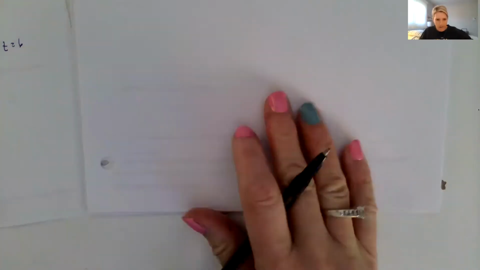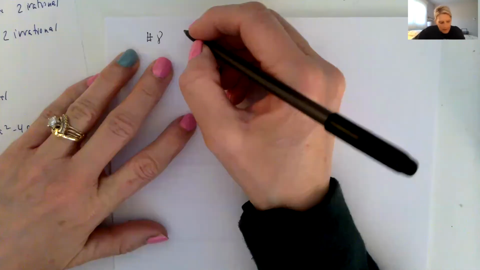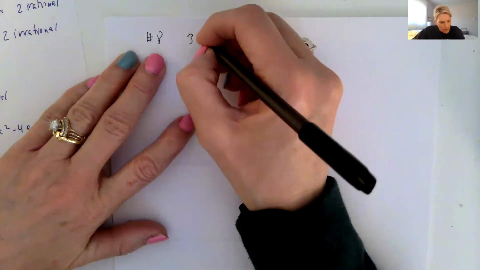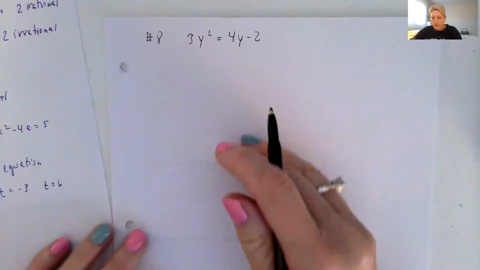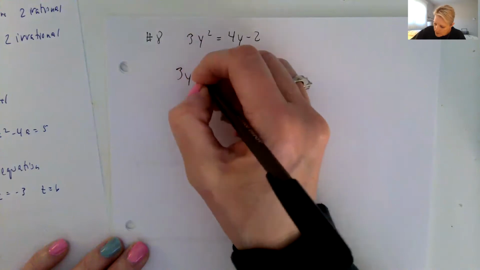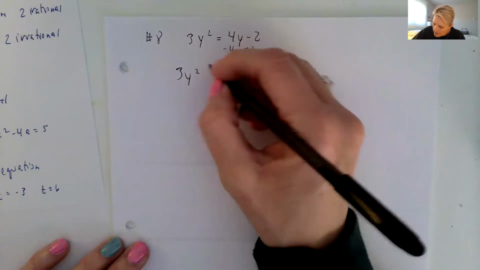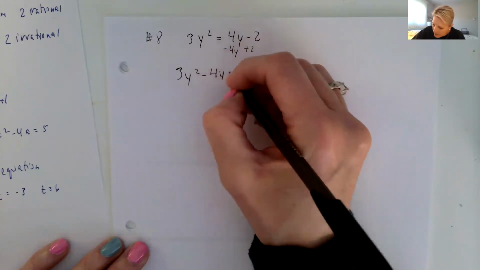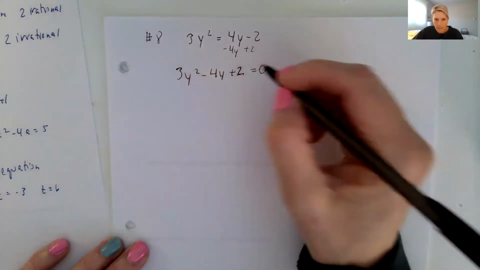Number 8. So number 8 says 3y squared equals 4y minus 2. So the first thing we have to do is get everything to one side. So subtracting 4y and adding 2, it's just the opposite sign on the other side.